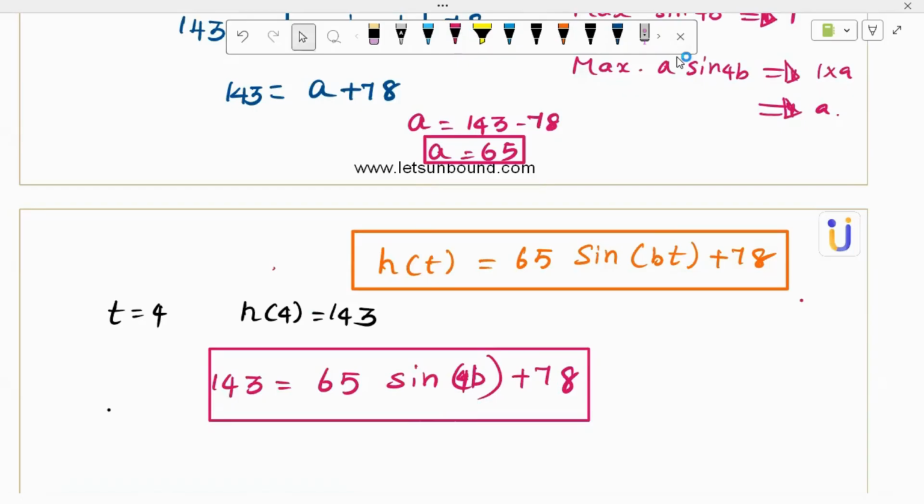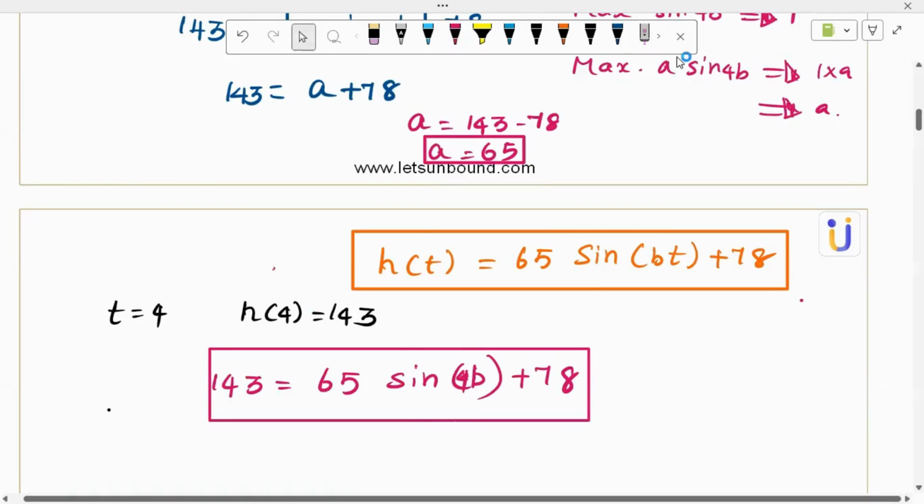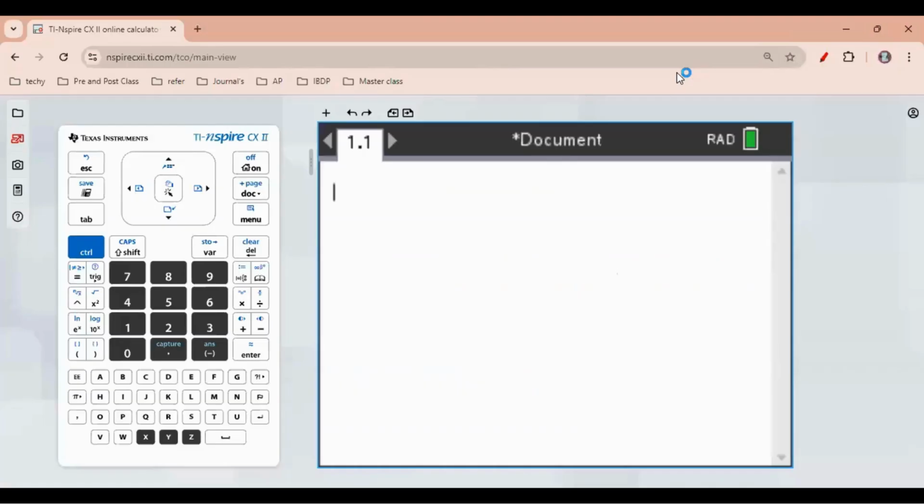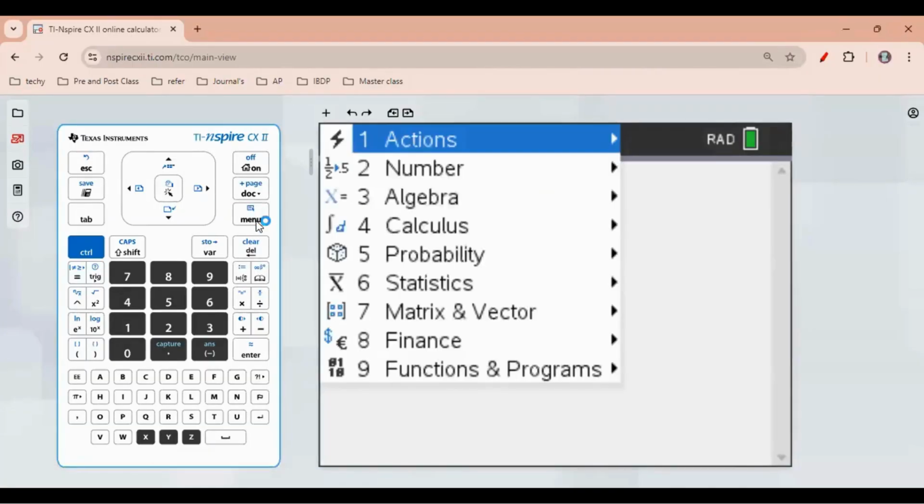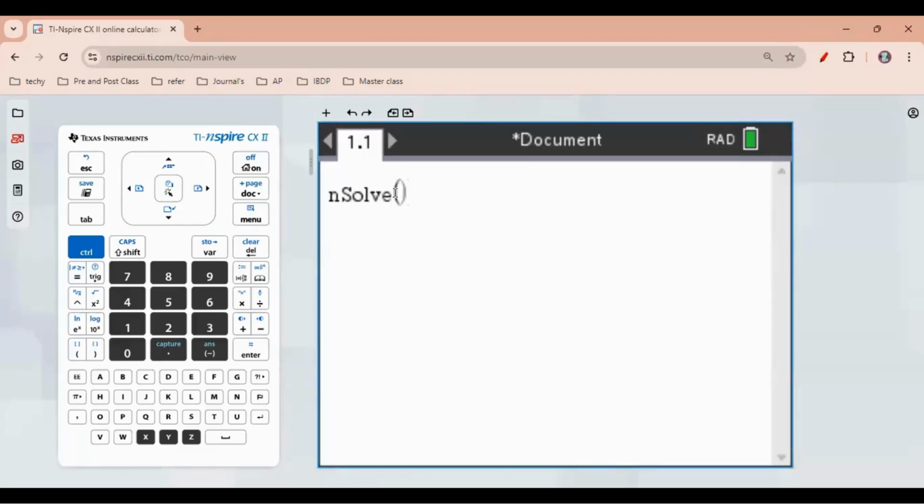Moving into the calculator page, simultaneously you can also solve here. Go to the normal calculating page, menu, algebra, numerical solve, and start giving the equation. So 143 equals 65 times sine.